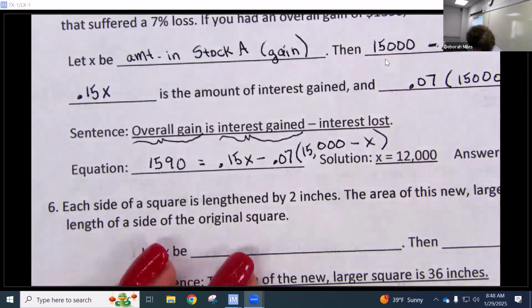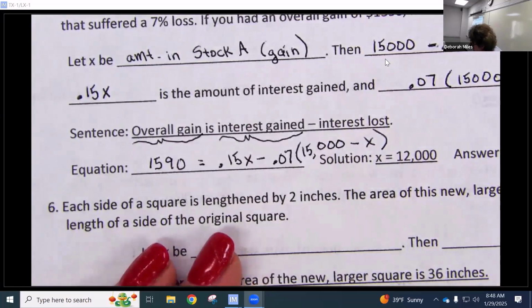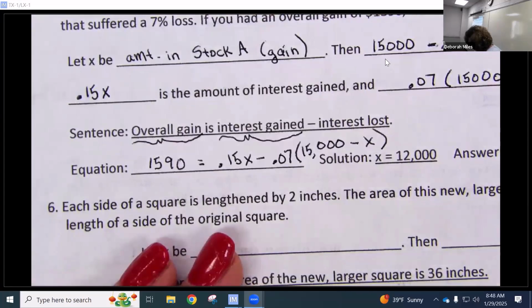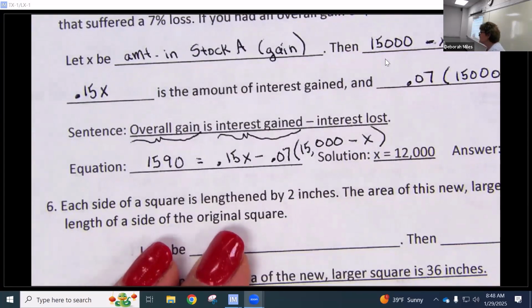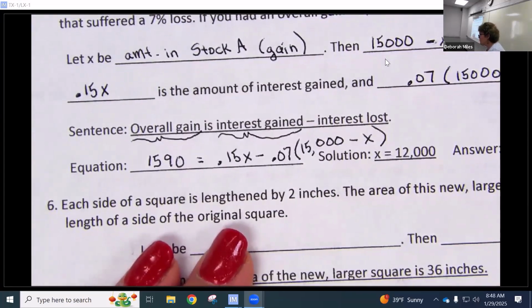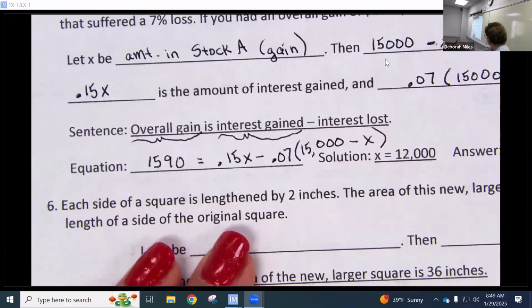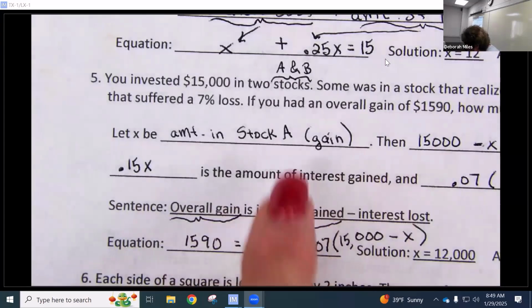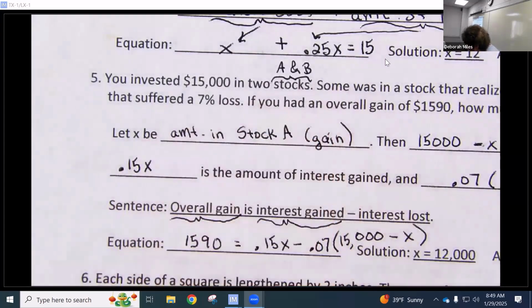12,000 was invested in each one? Is that what you said? Well, 12,000 in each one would be a total of 24,000. Okay, 12,000, and this person didn't tell me what stock A was. I just made that up.